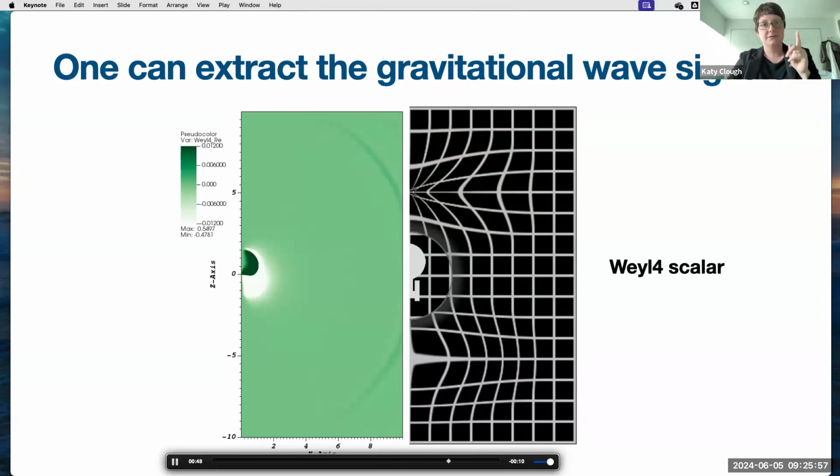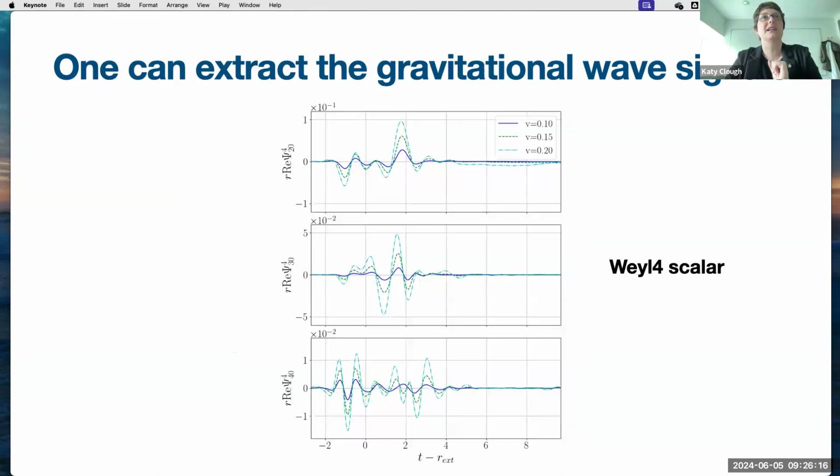Because it has cylindrical symmetry, if we align the tetrad axis with the direction of motion, then we only get modes for which m is 0. I think I'm saying that correctly. So yeah, exactly, m is 0. So we have the 2-0 mode, the 3-0 mode, and the 4-0 mode.